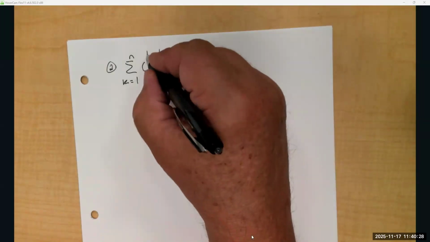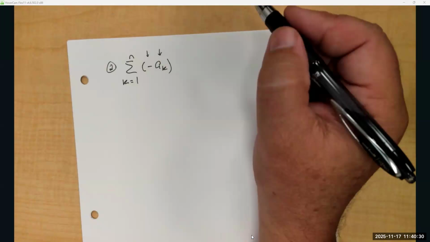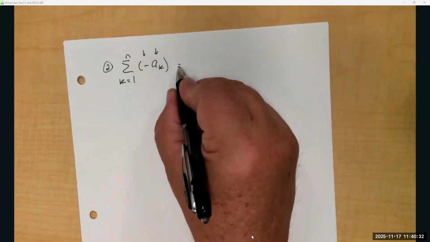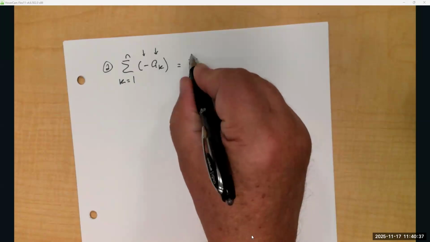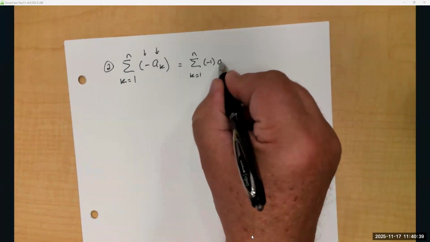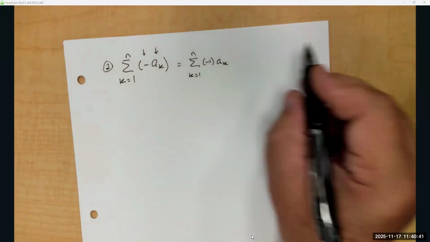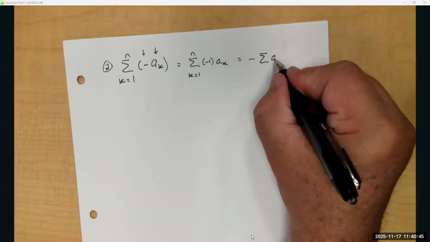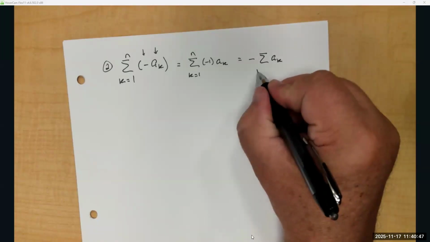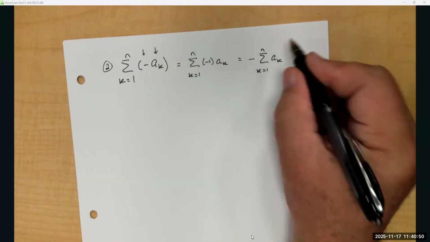So what about the negative? It's the constant, because all a negative is, is you're multiplying by -1. So that means that negative can go out in front. There you have it.